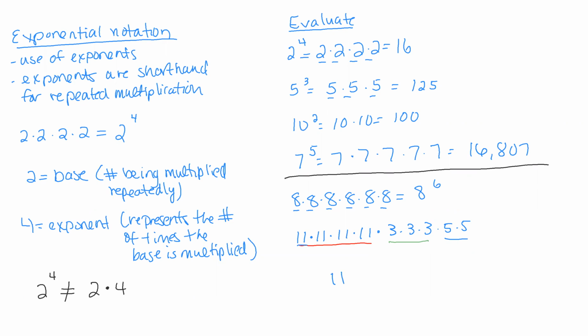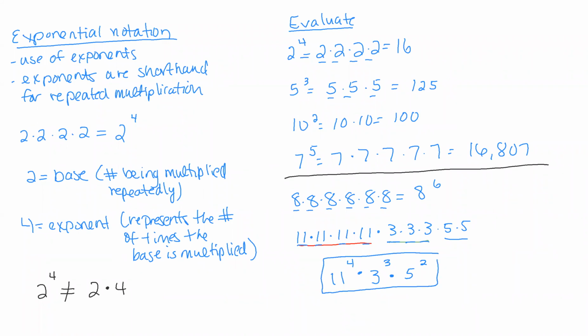I multiplied it 1, 2, 3, 4 times. Moving to the next base of 3, well, I multiplied 3 by itself 1, 2, 3 times. And then my final base is 5, and I multiplied 5 by itself twice.